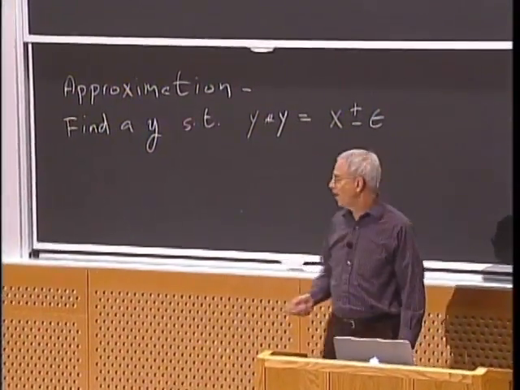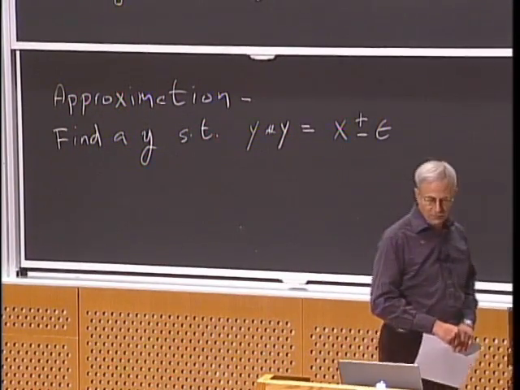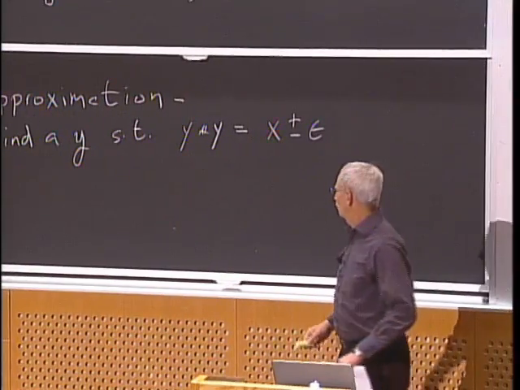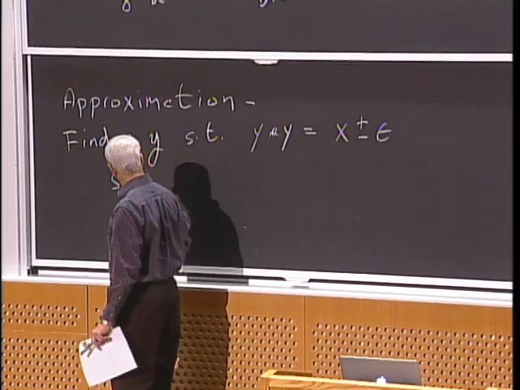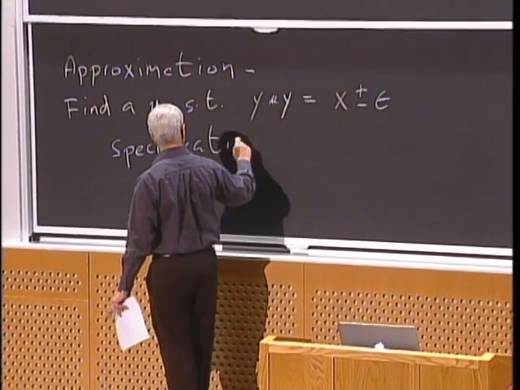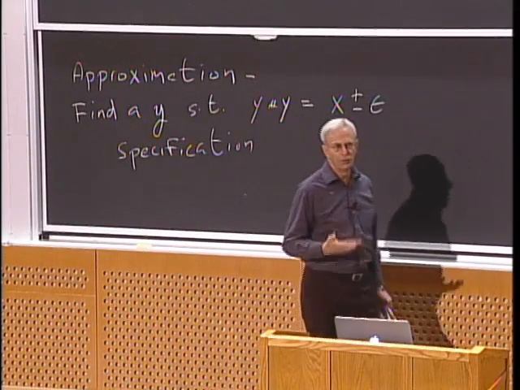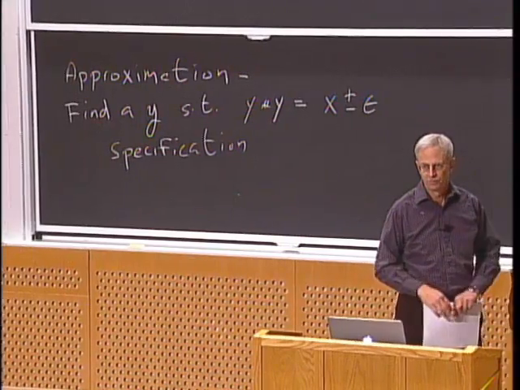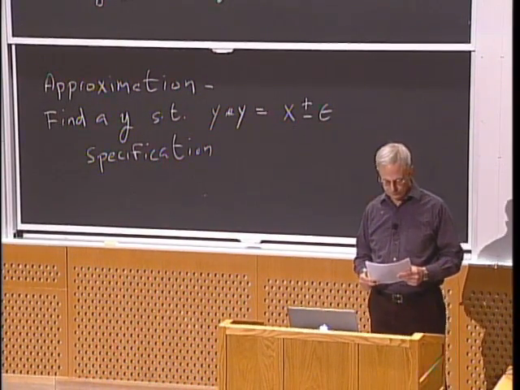I said find one that has these properties. Effectively, this is a specification of the problem. And I've now written a piece of code that meets the specification. It does what I set out to do, and that's good enough.